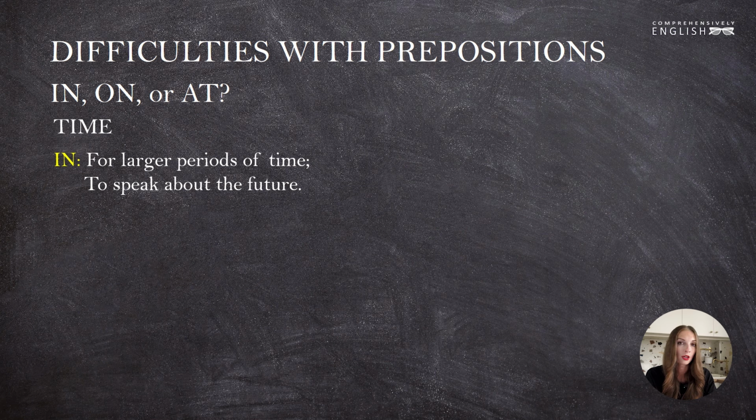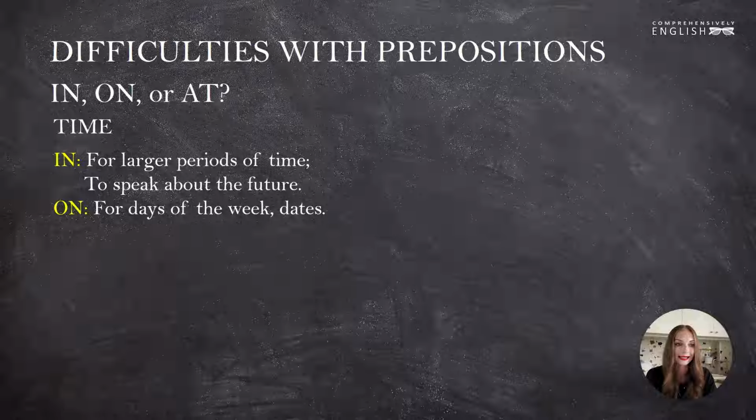And sometimes we may use in to refer to the future, like in expressions in an hour or in a month, and so on. It's when an hour passes, yeah, or when a month passes, and so on. Speaking about time, we use on for days.